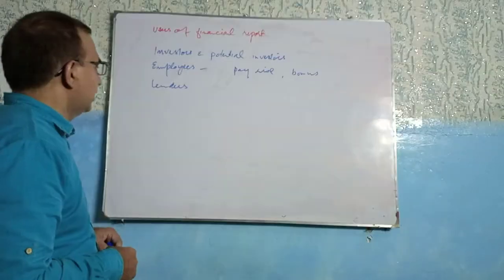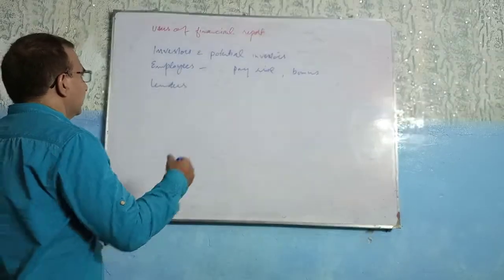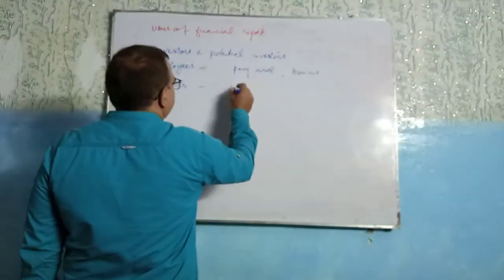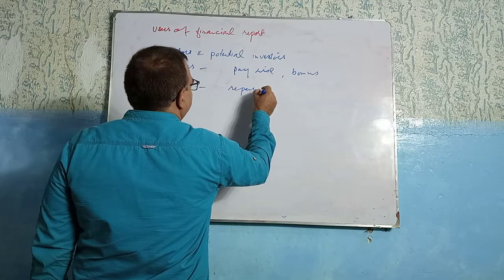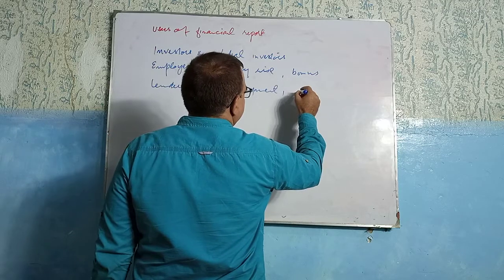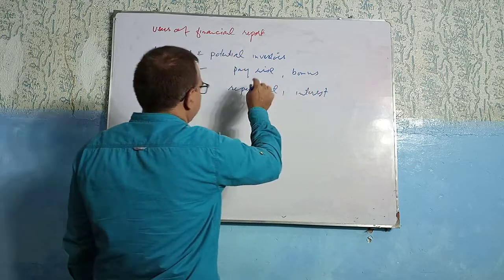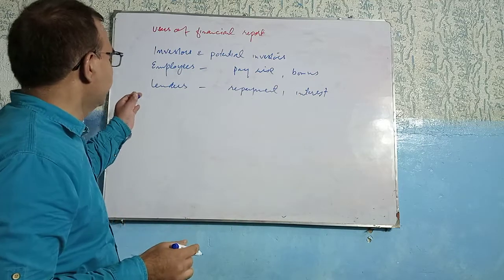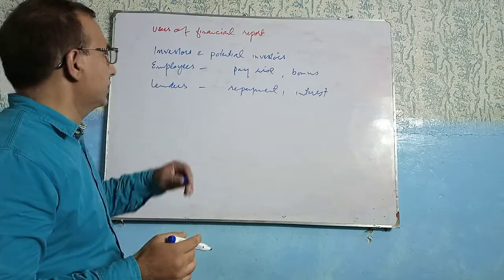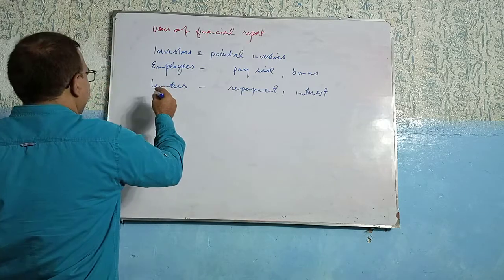They can get this report, analyze it and see if their loans are safe, with repayment and interest. Basically, I'm trying to tell you what their interests are: repayment and interest payment.